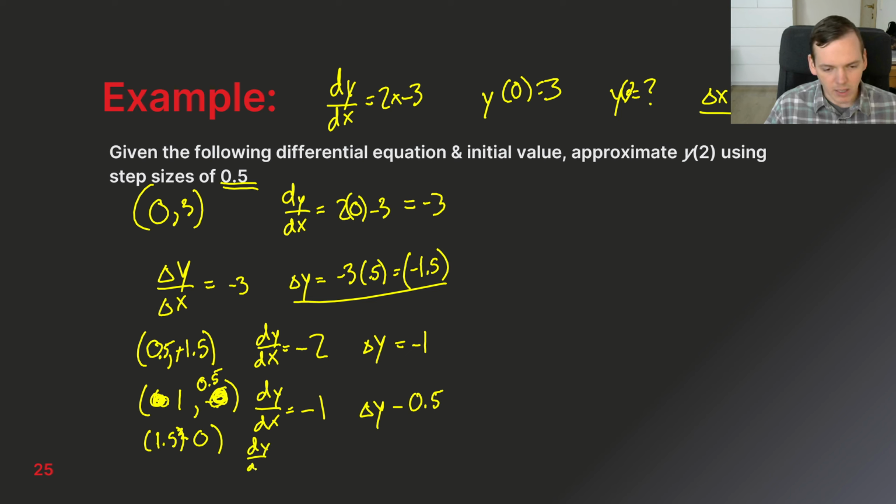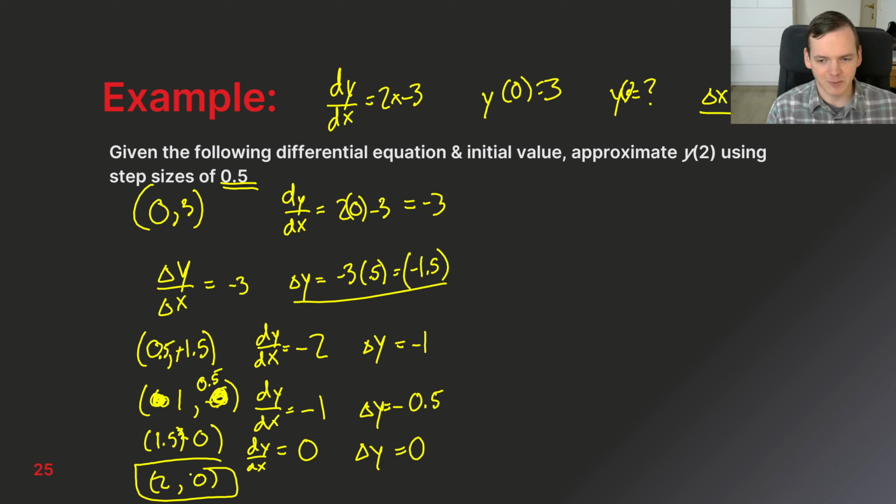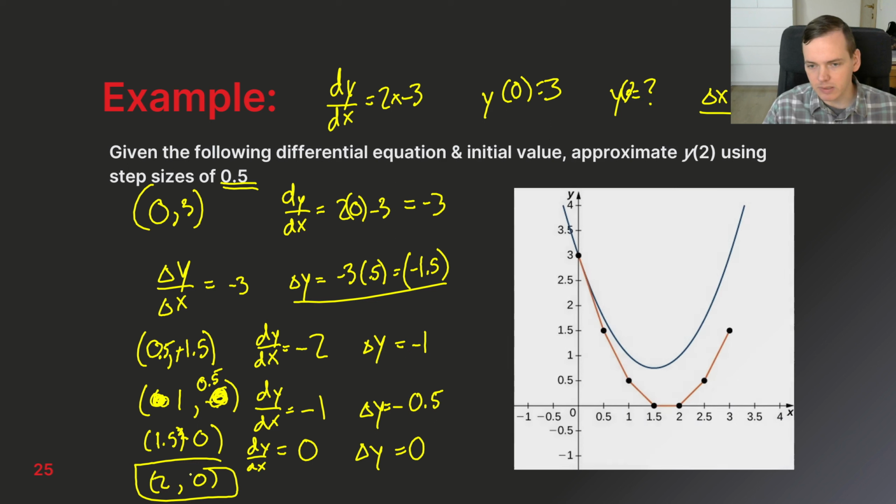Then the new slope at this point, dy dx, is going to be 0, and that means my change in y is also going to be 0. And that means when I get to 2, my y value will be approximately 0. So let's look at how accurate this is.